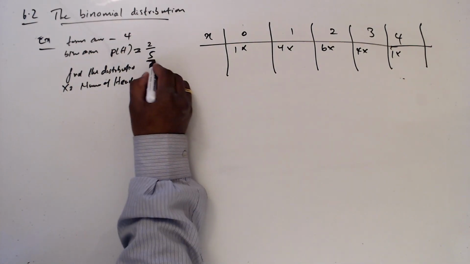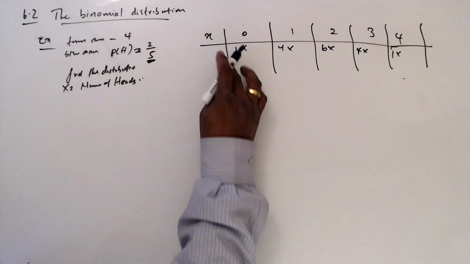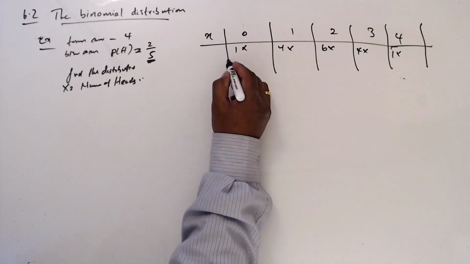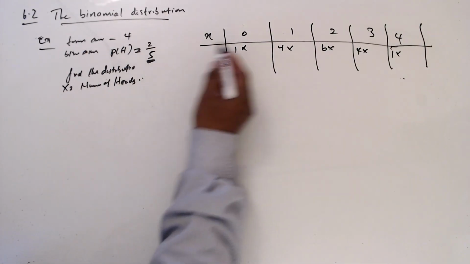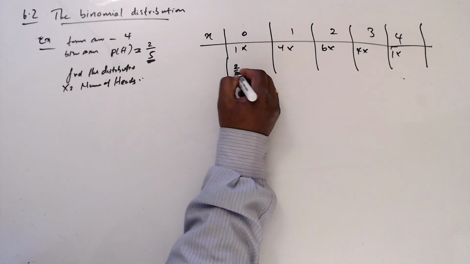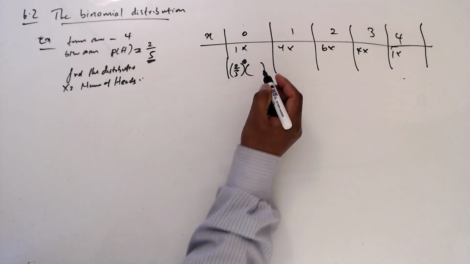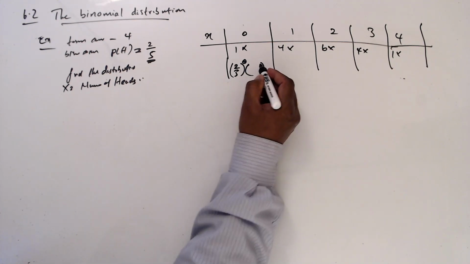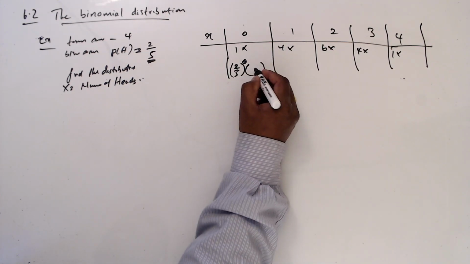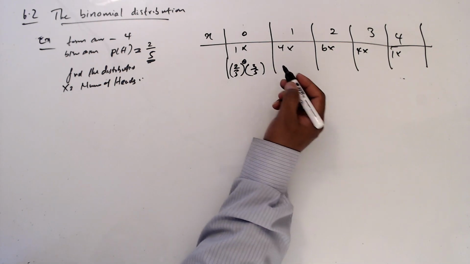So the probability of getting a head is 2 out of 5. Now no heads: no head means 2 out of 5 has to be 0. Then what is the other one? Tail, or the non-head, 3 out of 5.